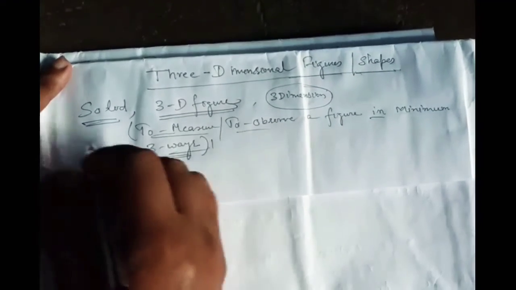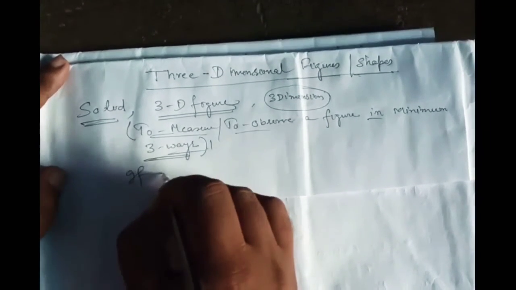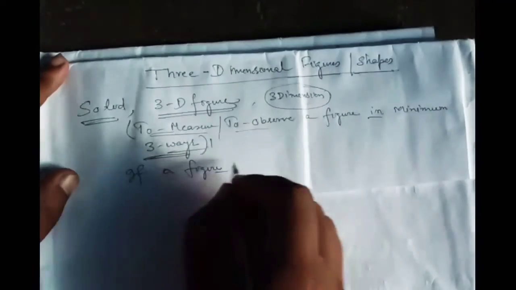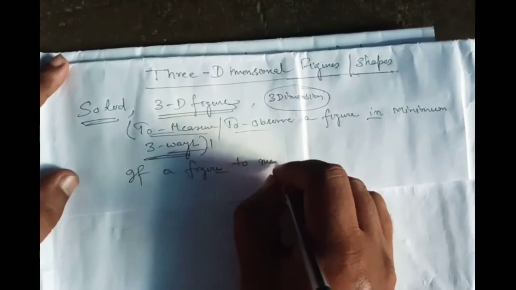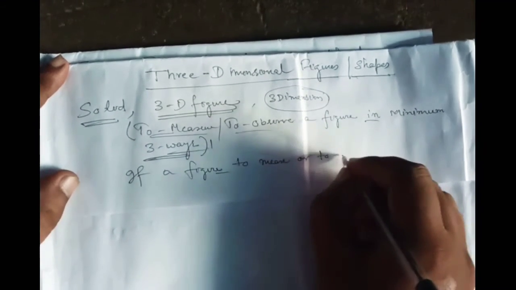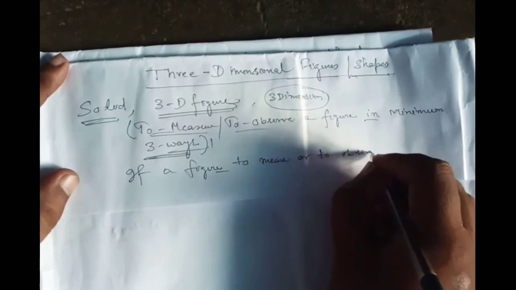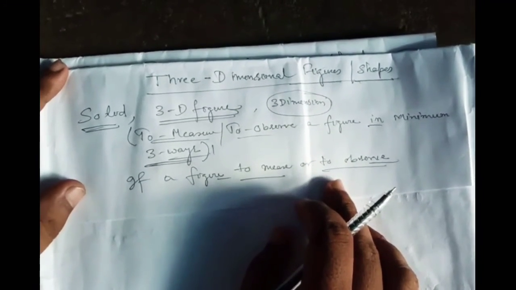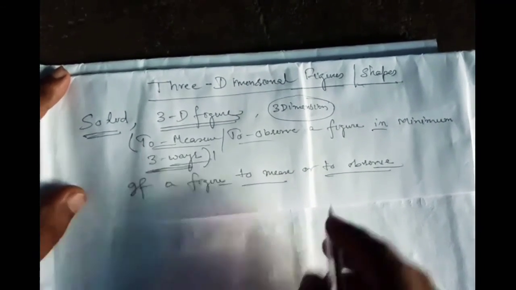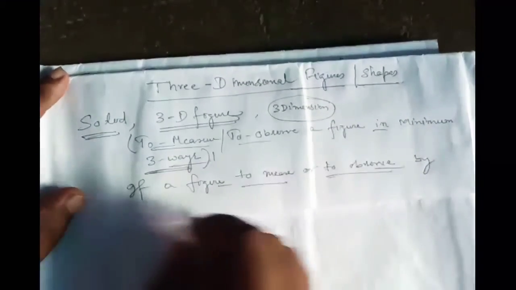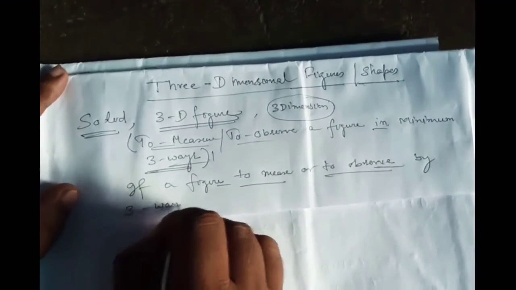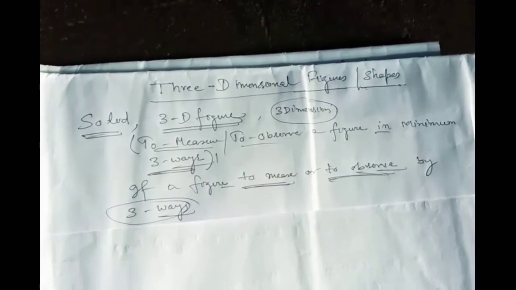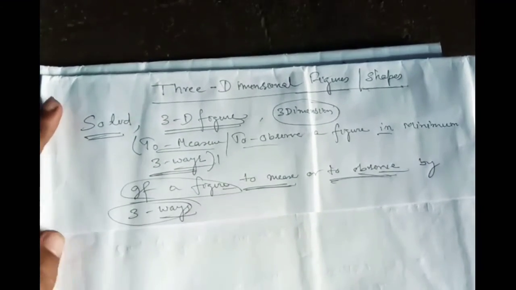That means if a figure is measured or observed in three ways, then that figure is called a three-dimensional figure.